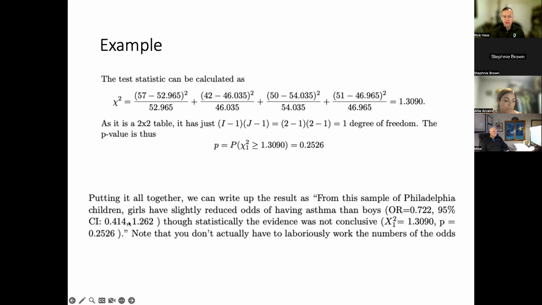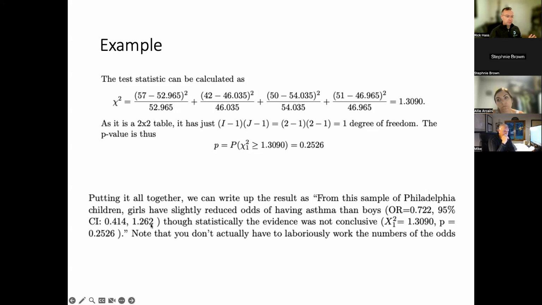One thing to note, though, check out this confidence interval. Does this confidence interval for the odds ratio include 1.0? I often say it straddles 1.0, right? Our confidence interval goes from 0.414 all the way up to 1.262.